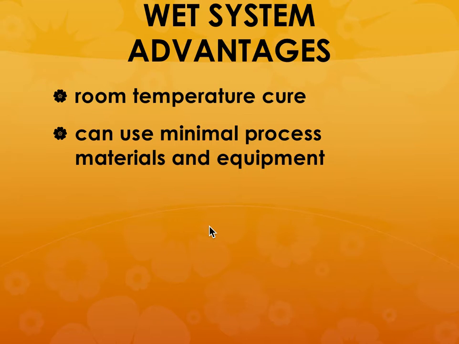So what are the advantages of wet systems? Most of the time you can do curing of this area at room temperature, and you may need to use some kind of rolling equipment, and you can roll that and apply some amount of pressure and make sure that it is well inserted into the cracked area, and you just need to use a minimal amount of pressure, materials, and equipment.